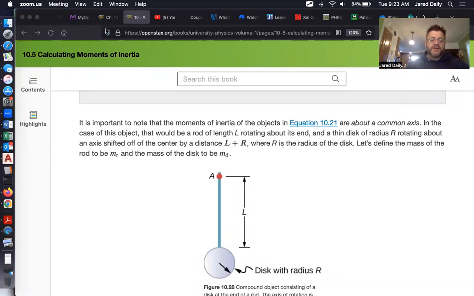This also works for things like, let's give you some other examples. This works if you have a merry-go-round. If we have a merry-go-round and a kid standing on the merry-go-round, and instead of treating the kid like a point mass, you treat the kid like a cylinder, because a child is more like a cylinder than they are like a point mass.